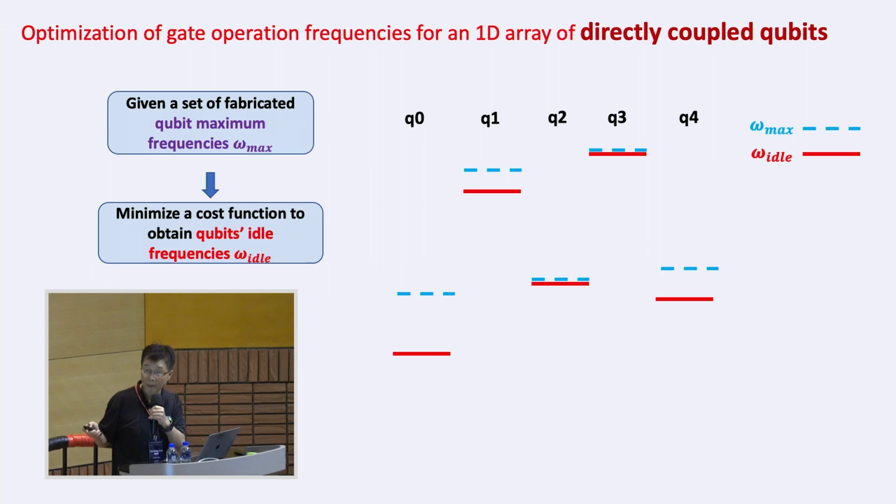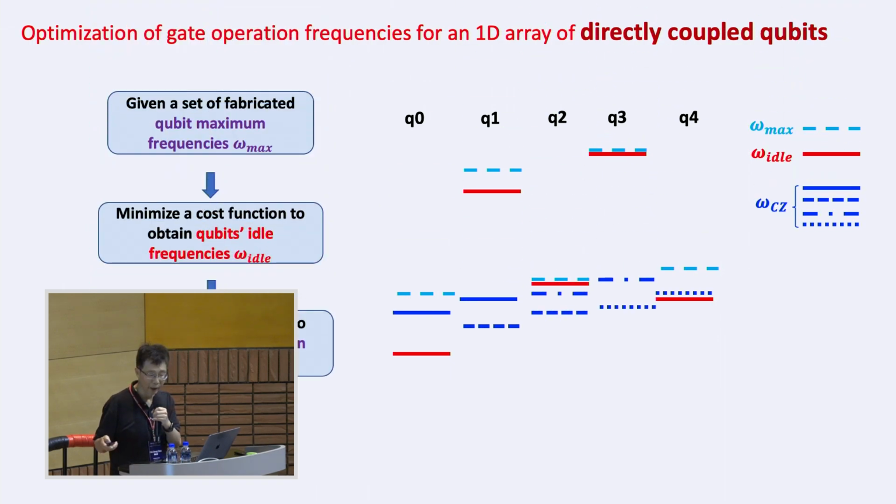But with these given values, we first need to find out the idle frequencies of each qubit. And after that, we also need to find out the control phase CZ gate frequency of each pair, say between Q0 and Q1, Q1 and Q2, Q2 and Q3, Q3 and Q4, and we need to identify those operation frequencies.